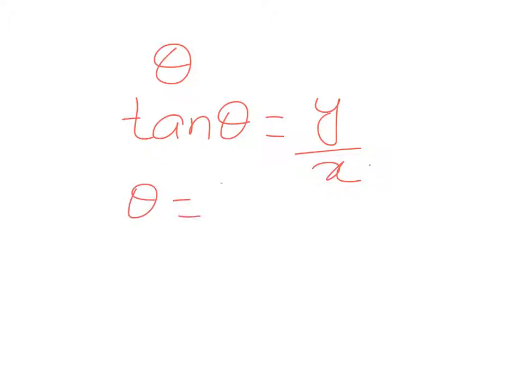So the direction of position vector R, given by the angle theta with the x-axis, is tan theta equal to y by x. If you remember from trigonometry, theta would become tan inverse of y by x.